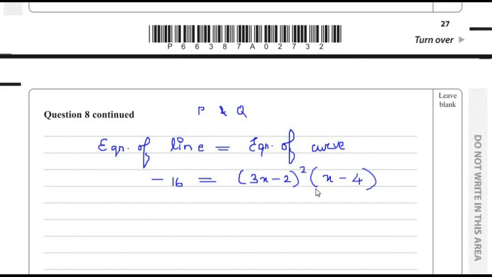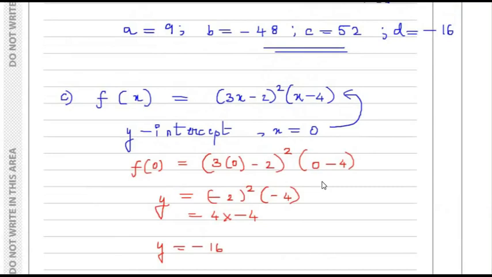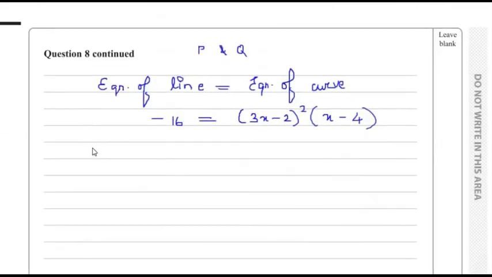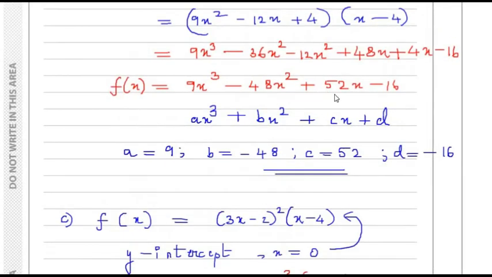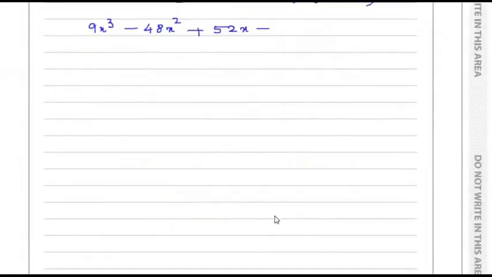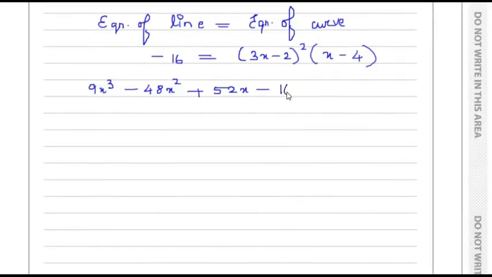So here we had already expanded this bracket in part B. So let us make use of it. We had 9x cube minus 48x square plus 52x minus 16 is equal to minus 16.